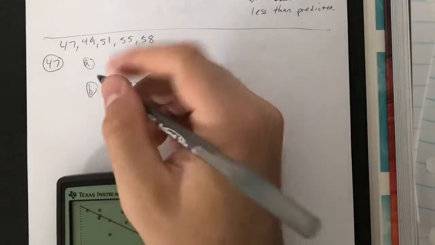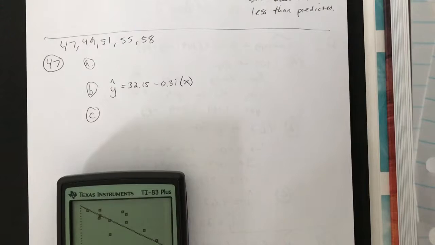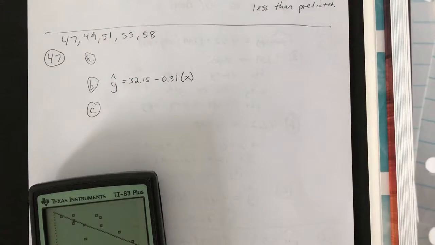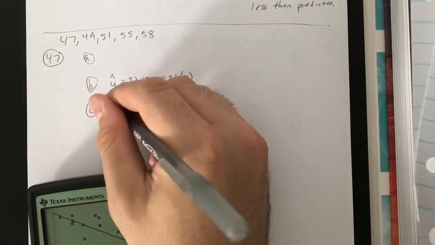And part C says, explain in words what the slope of the regression line tells us. So in words, the interpretation of the slope. So here's what you could say.